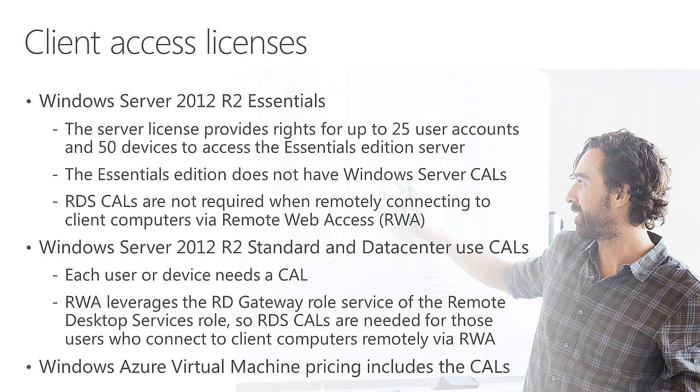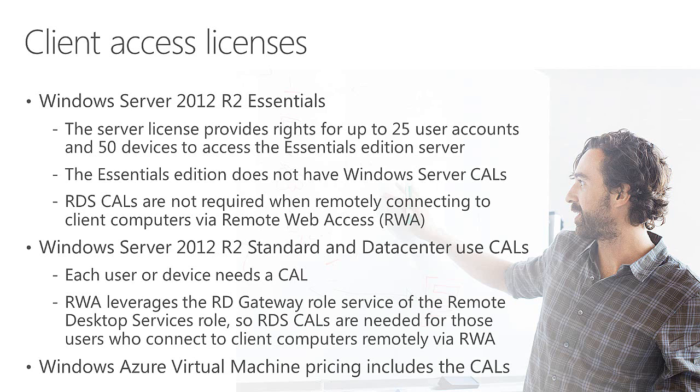This server license provides the use rights for up to 25 user accounts and 50 devices to access that server. It does not have Windows Server CALs. Windows Server CALs are not included with the purchase of Windows Server Essentials. They're simply not used by that particular edition. It is the server license itself that provides use rights for up to 25 user accounts.